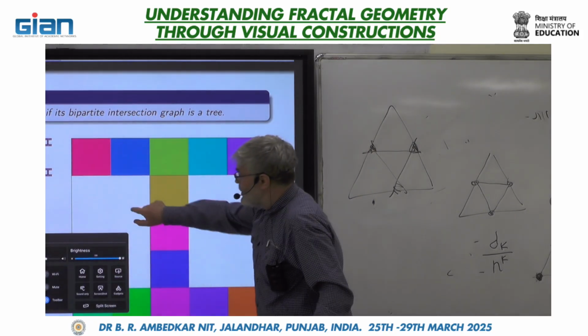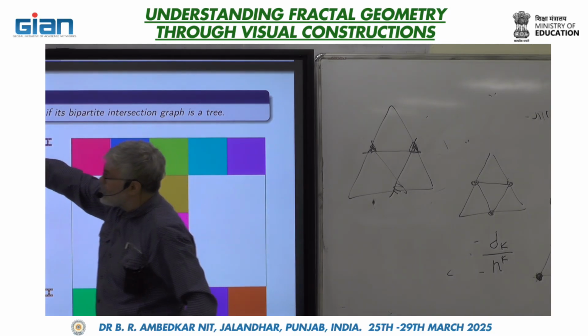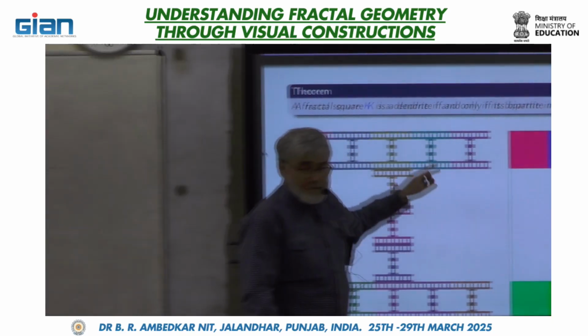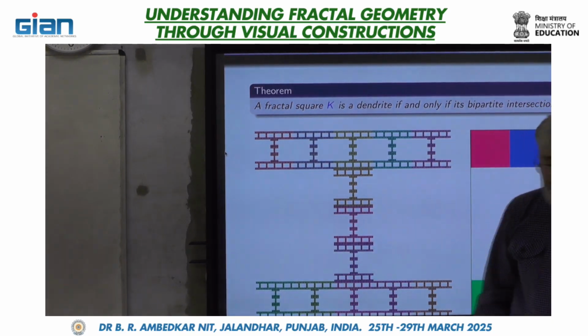But if we have the intervals on two sides, then this picture will repeat in a smaller copy, which will lead us to the appearance of loops, of closed curves, so it cannot be a dendrite.